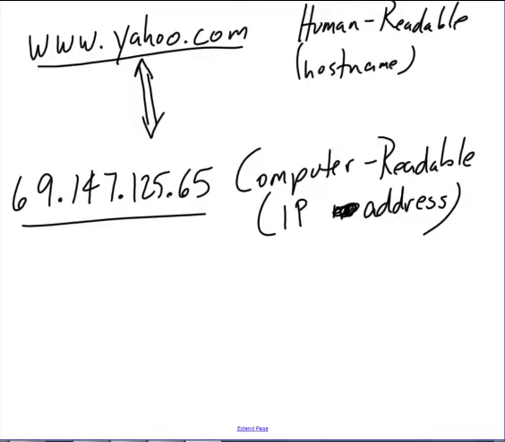So what we're going to do is show a little bit about how this works. Now, first of all, let's look at this host name and kind of pick it apart.